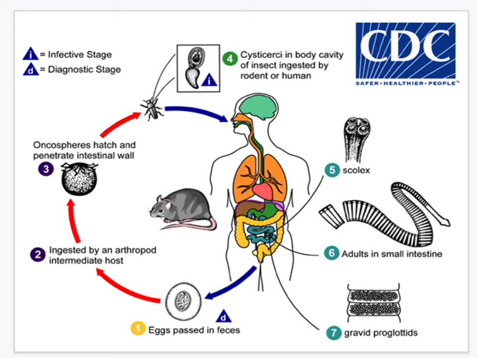So after ingestion, the tissue of the infected arthropod is digested, releasing the cysticercoid larvae in your stomach and intestine. So, the scolex attaches to the gastrointestinal wall. They attach to your small intestine wall using the 4 suckers on their scolex.